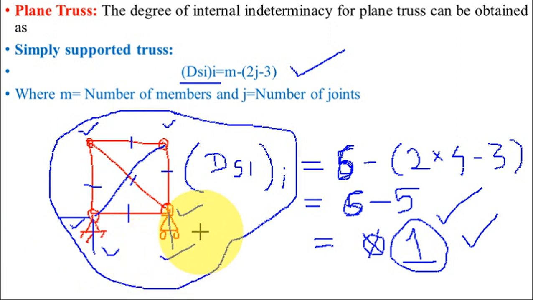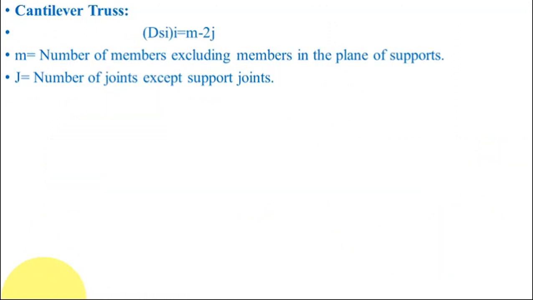There is a slight change in the formula which we use for a cantilever truss. Now for a cantilever truss the equation is degree of static indeterminacy internal is equal to m minus 2j. So here it is important to know the exact meaning of the terms in the equation.